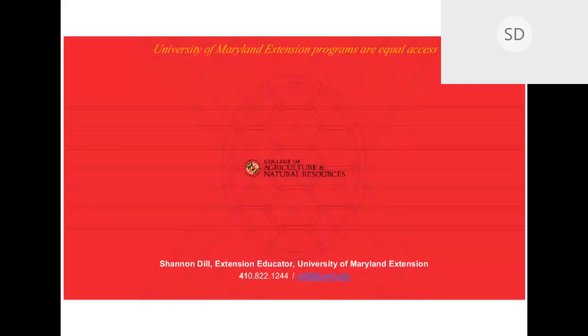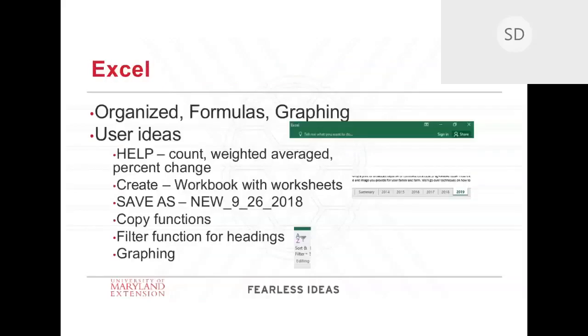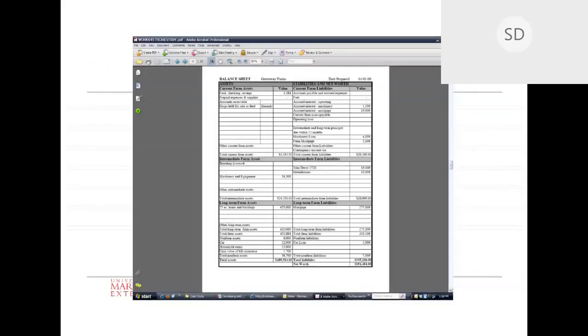Can you demonstrate some of the Excel mechanics of manipulating a balance sheet to make decisions on the farm? That's a great question, and the balance sheet probably wouldn't be something you would manipulate as much unless you're trying to change your net worth. Assets are what you own, and the value of things that you have. Liabilities are what you owe. So what I like to look at is that net worth.